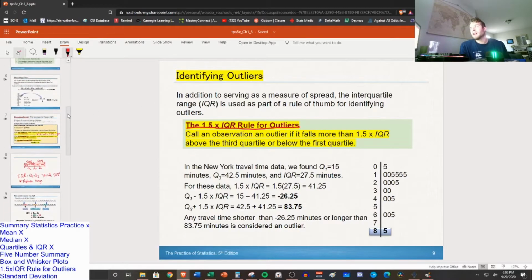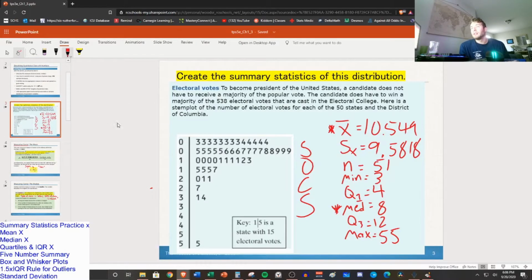All right, so let's talk about how this works. We're going to use our example up here to do this. So let me erase this. The first thing we want to do is find the IQR. IQR is Q3 minus Q1. Q3 is 12, Q1 is 4.